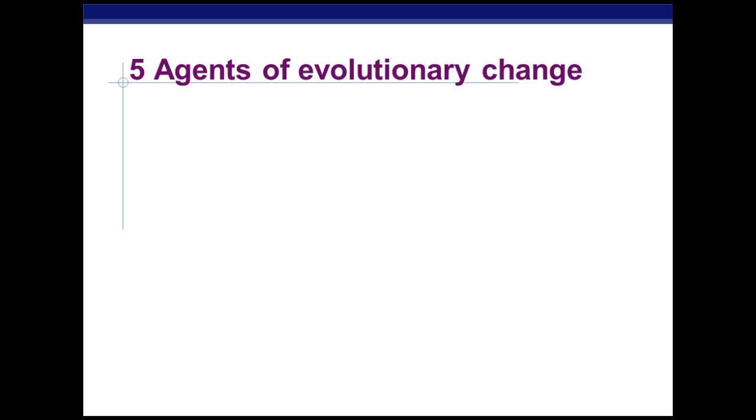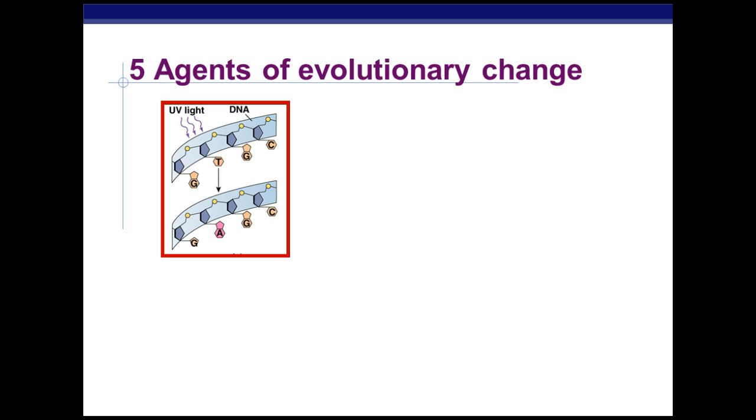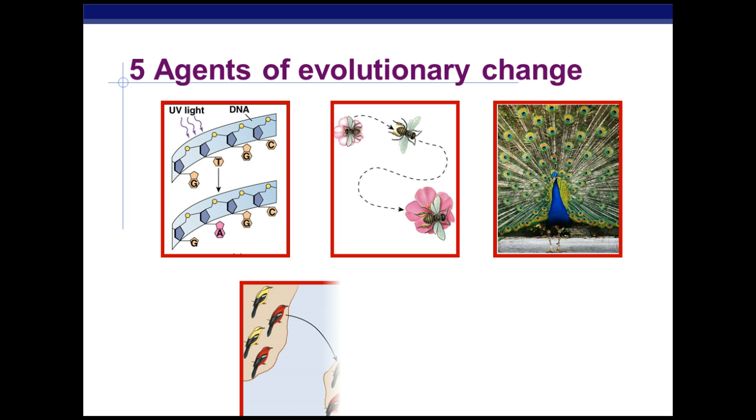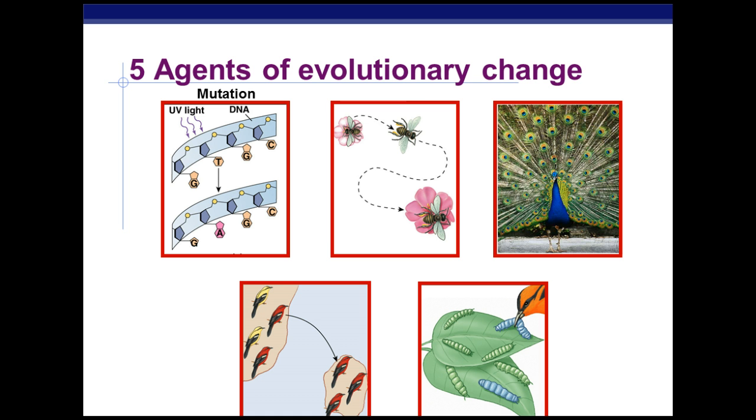Now you may recall from your summer assignment that there are only 5 real major agents of evolutionary change that are commonly recognized by biologists. Let's get those back in your notes for review purposes. As you can see in this slide, those agents are mutations, gene flow, non-random mating, genetic drift, and natural selection.